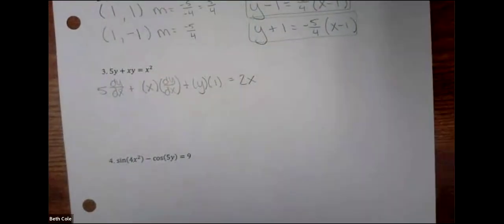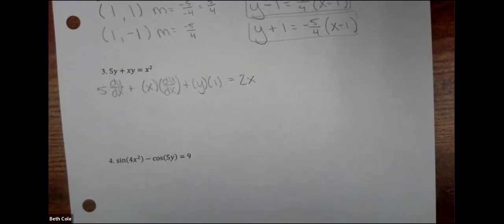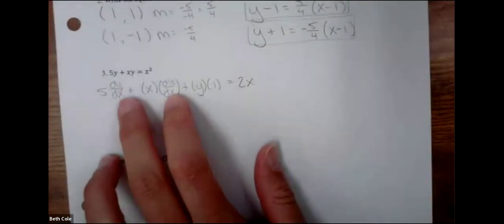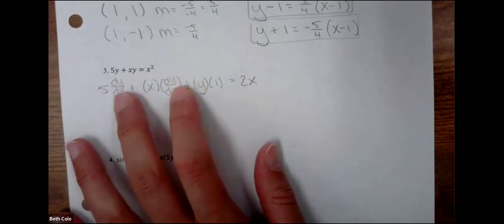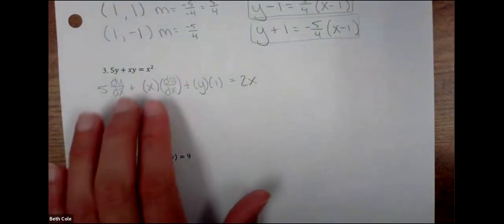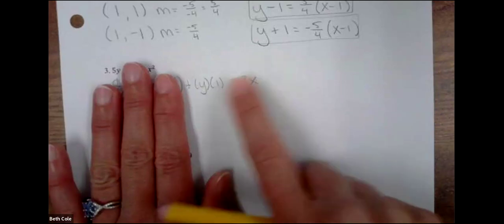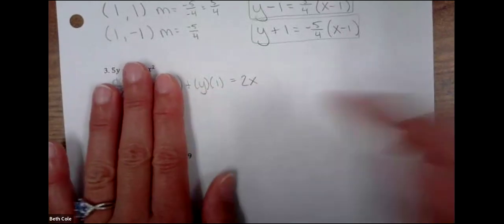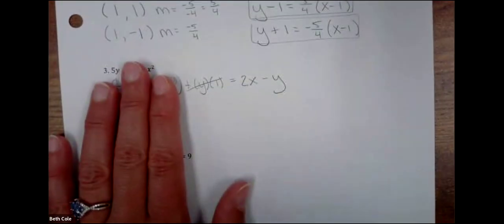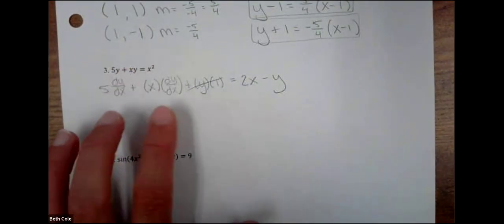Now, when you go to do the algebra for this one, do you see how there are 2 dy dx's in there? Okay, we're going to factor. We're going to leave those where they are. I want to move this to the other side. So how would I do that? Good. And this, I think, is the easiest way to do that. Just scribble it out and put minus y. Now we're going to factor dy dx out.